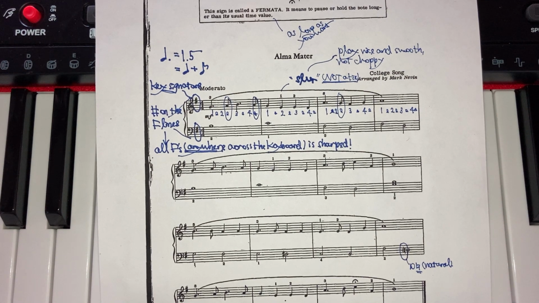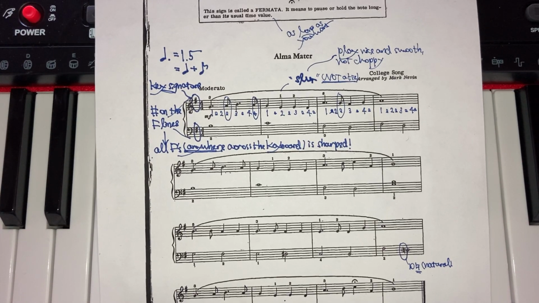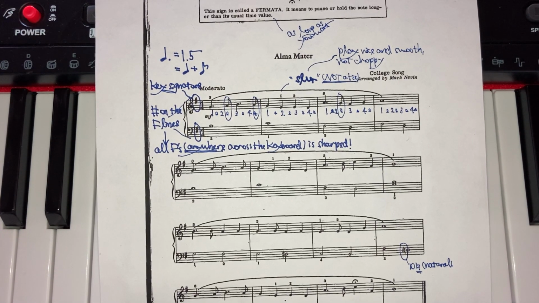We have seen a dotted half note a whole bunch of times by now. A dot makes everything it's attached to 1.5 times longer, right? A half note by itself is 2 beats, so a dotted half note became 3 beats. 3 beats are easy to count with 1, 2, 3, 4, or 1, 2, 3.